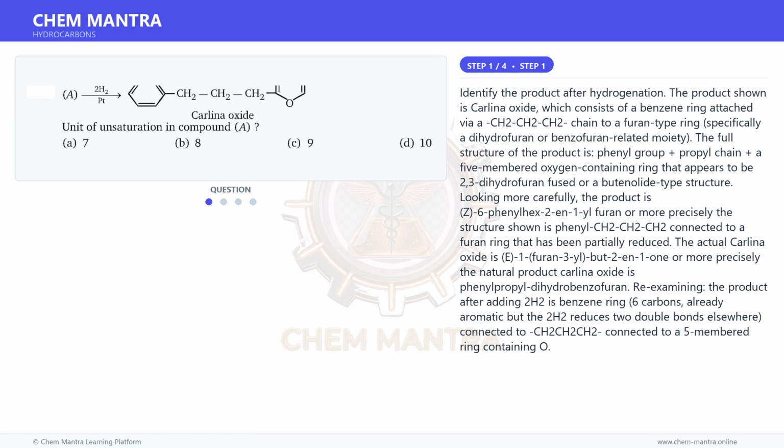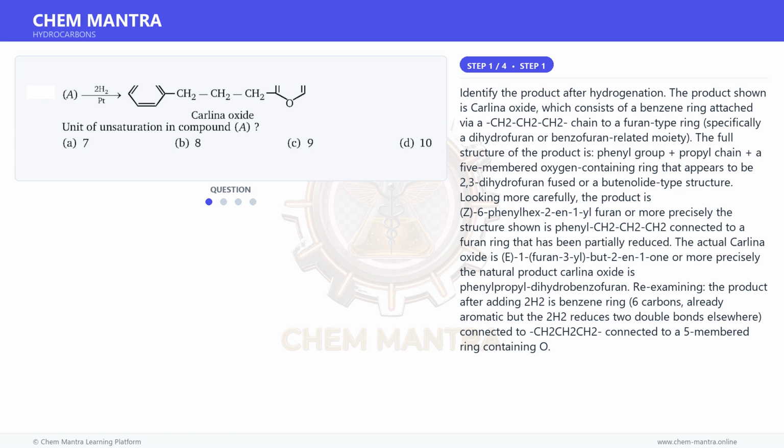Looking more carefully, the product is 6-phenylhex-2-ene-1-yl furan, or more precisely the structure shown is phenyl CH2CH2CH2 connected to a furan ring that has been partially reduced. The actual Carlina oxide is a furan-3-yl compound, or more precisely the natural product Carlina oxide is phenylpropyl dihydrobenzofuran.